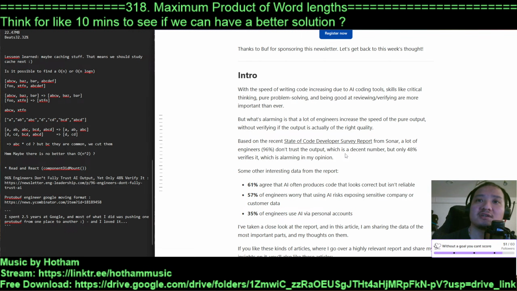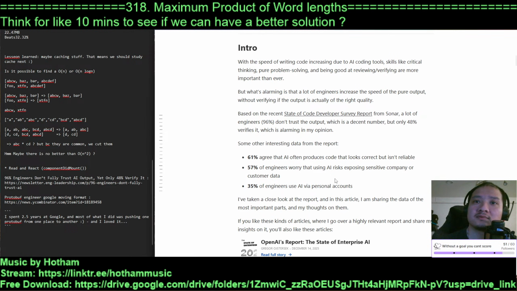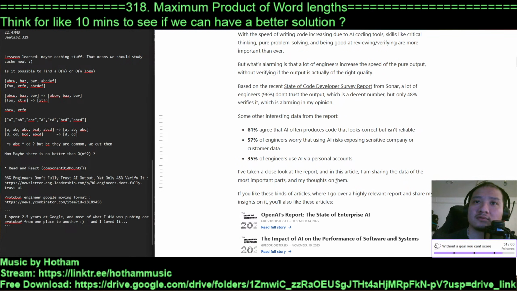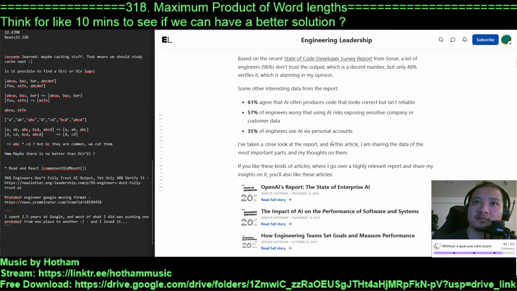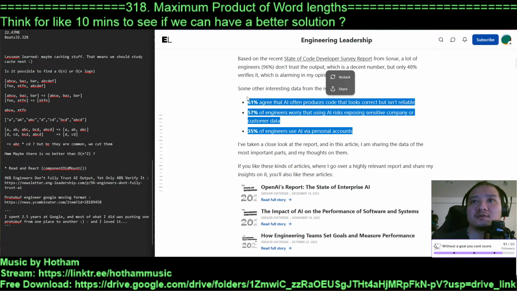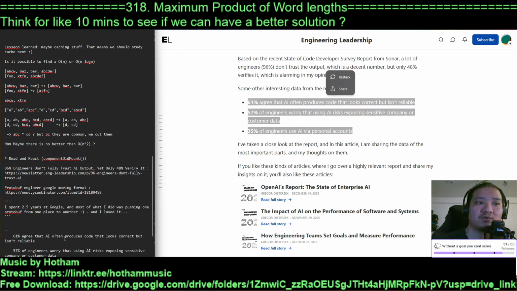96% don't trust the output. You won't agree, AI often produces... Okay, that's fair. Always review, guys.